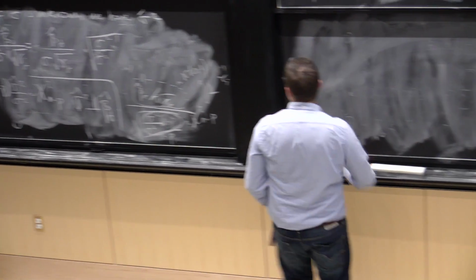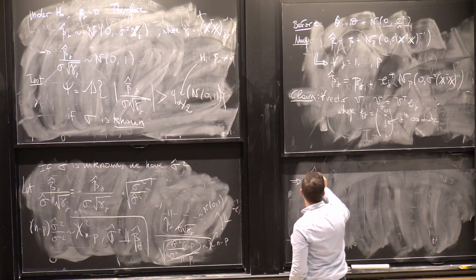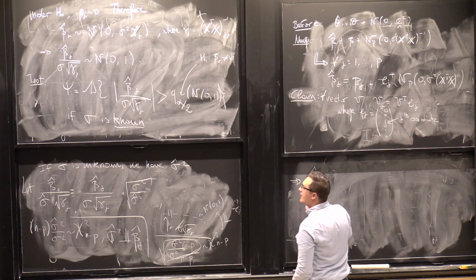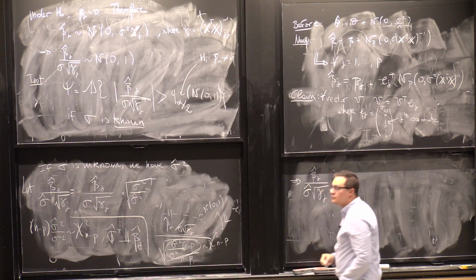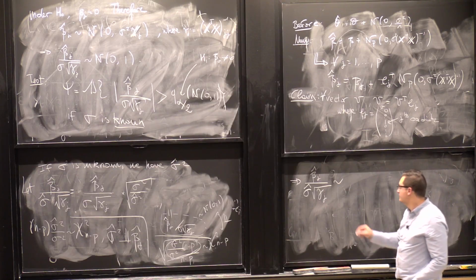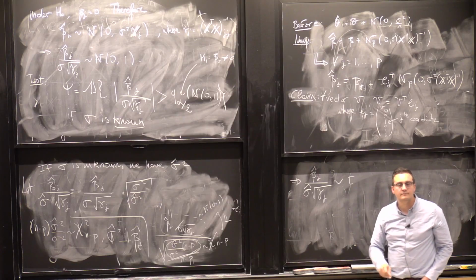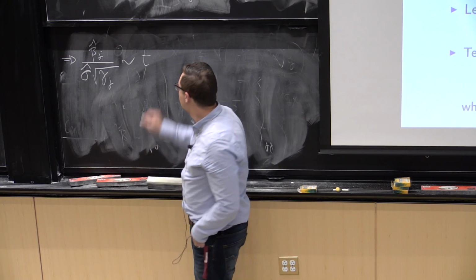And so that implies that beta hat j divided by sigma hat square root of gamma j, what is the distribution of this guy? N minus p.